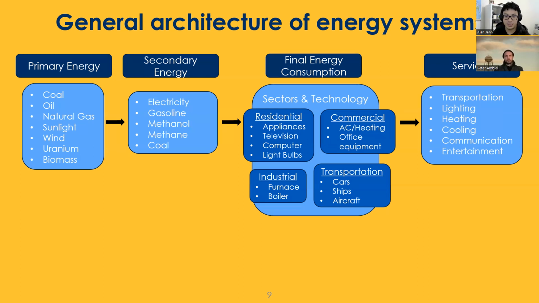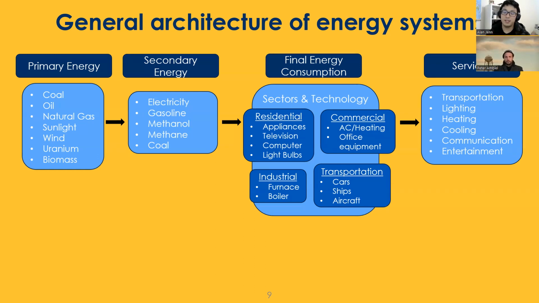Electricity typically comes from combustion of fossil fuels spinning a turbine, or sunlight hitting a PV system to knock off electrons to go into your circuit. Or you have gasoline, which is refined oil, and so on and so forth.